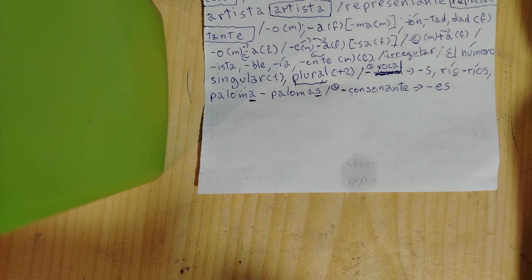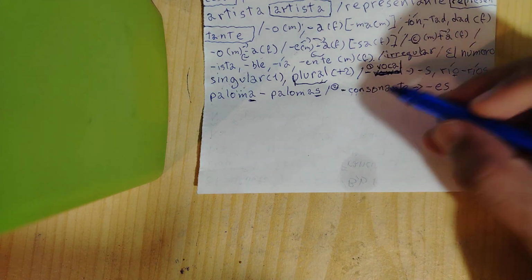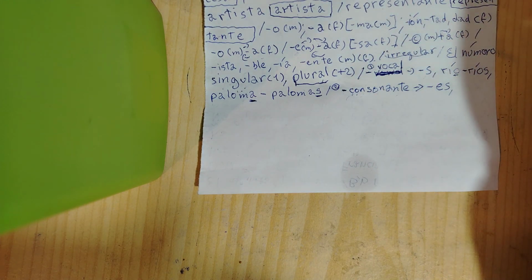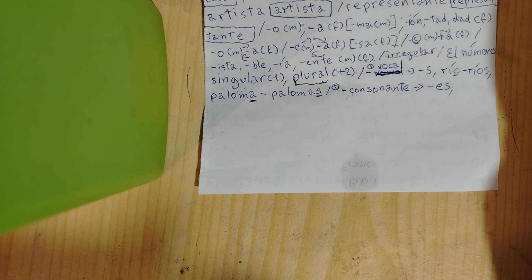Let's continue. Examples with nouns that end with a consonant. For example, animal.